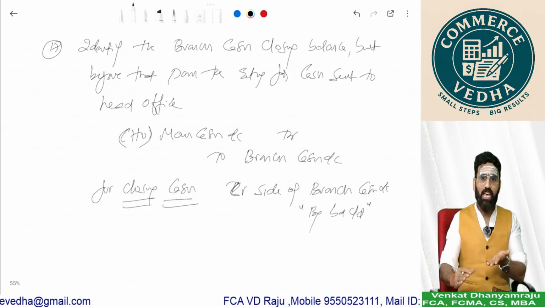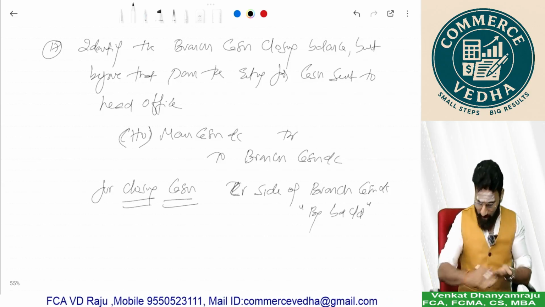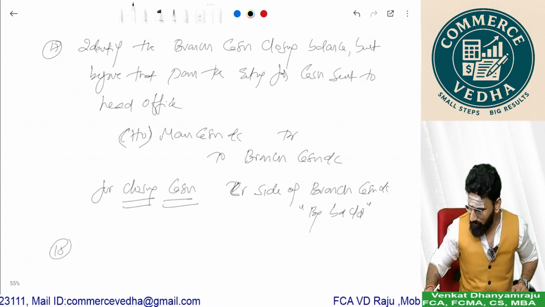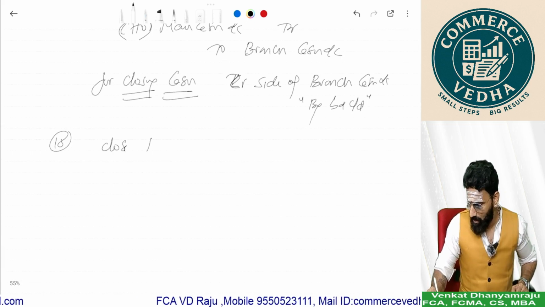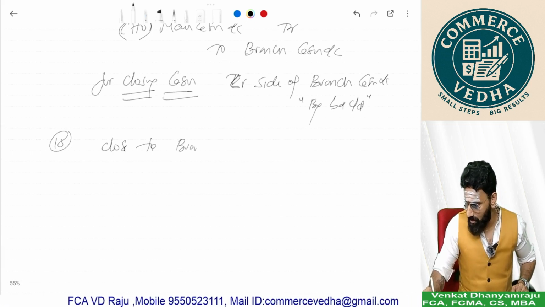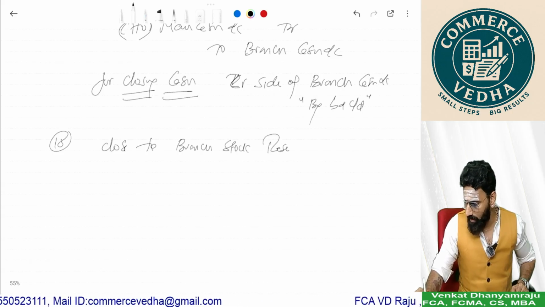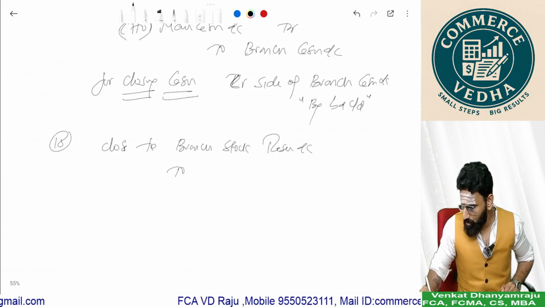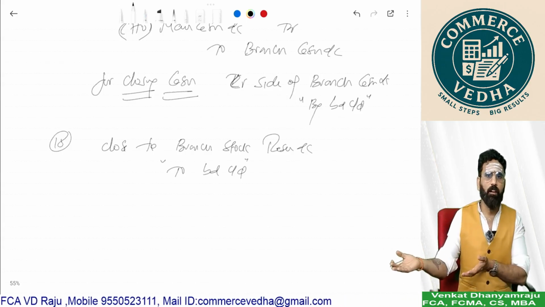We closed cash, we closed stock, we closed debtors, we closed expenses, and close the branch stock reserve account to balance carried down, because stock reserve is having a credit balance.